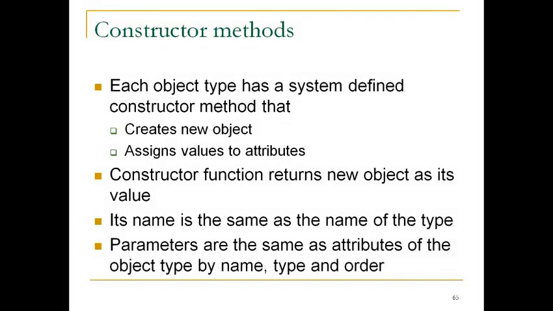For example, the first value will be a, the second value will be 1. Then this function will create a corresponding object with this name, 3 letters, and it should contain 2 attributes, whose values will be these ones. Of course, we should previously define this variable.